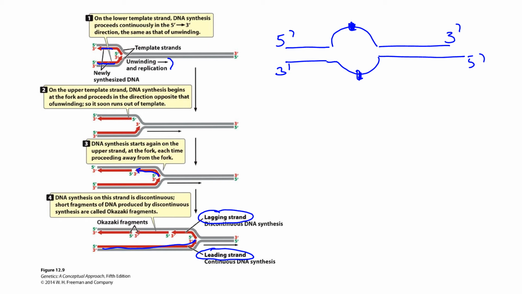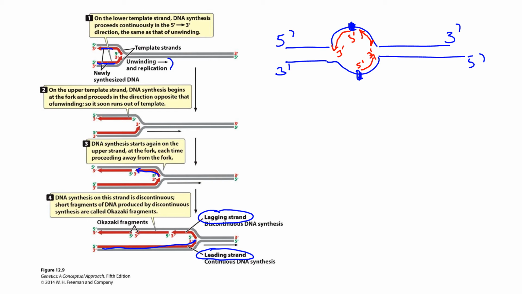This strand will go 5' to 3' right here. And on the opposite template, this way it would be 5' to 3'. Okay, so this one would be 5' to 3'. Now, in this way, of course, it will go from 5' to 3', and here it will go from 5' to 3'. So you see it's bidirectional.